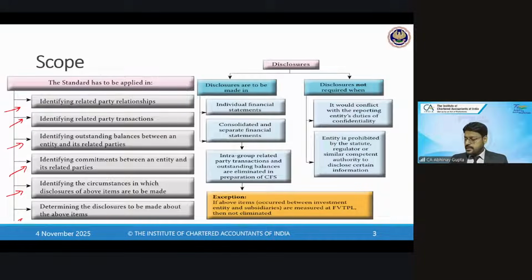What do you think? Any idea? Standalone FS, not consolidated, or both?